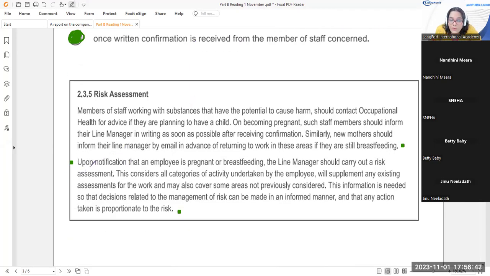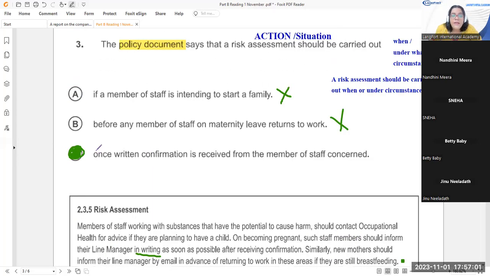Upon notification from an employee that the employee is pregnant or breastfeeding, the line manager should carry out a risk assessment. So if the member is pregnant, they will write it down, right? They will write the confirmation. Or in the same way, others will send an email. But once they receive the information, either through writing or through an email, they will carry out the risk assessment. So that's why C is the answer.